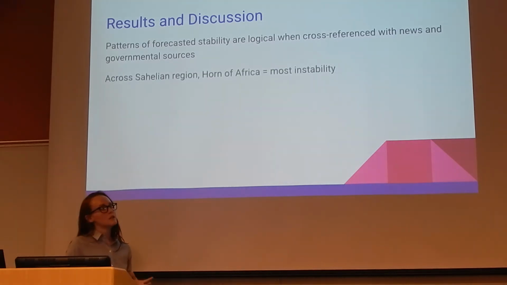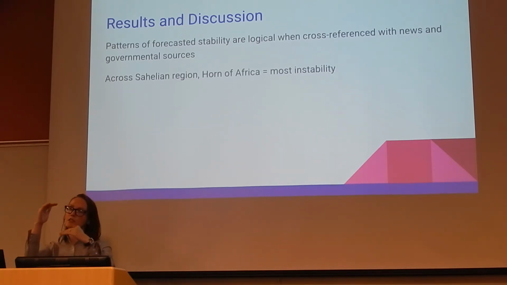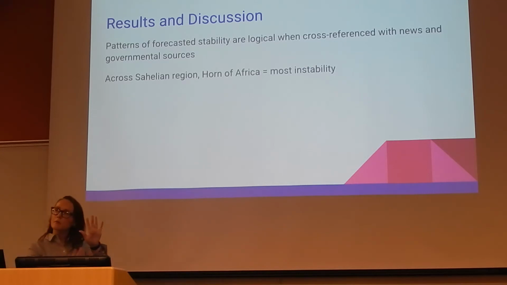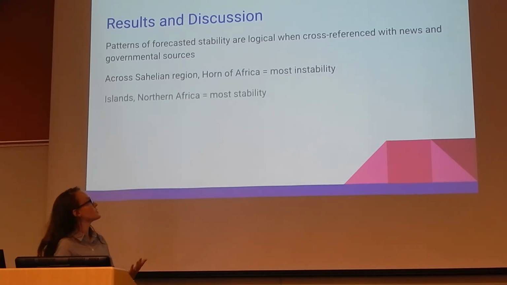And most of the instability, and again, you can easily cross-reference this in news sources and governmental sources, is across that Sahelian region, so just south of Central Africa, where we see the African transition zone between more desert environmental area to grassland, savanna, more forested, and the Horn of Africa, which geopolitically is a big hub right now with oil production, oil reserves.